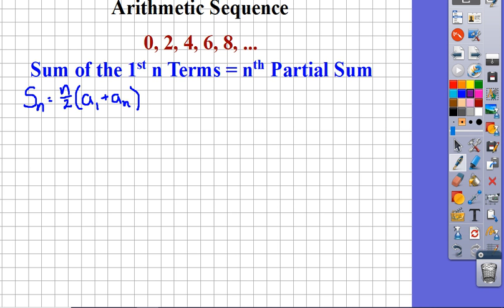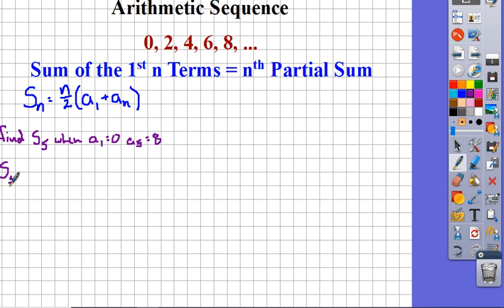So the first example we're going to do here is find S sub 5 when a sub 1 equals 0 and a sub 5 equals 8. We've been given all the information we need.